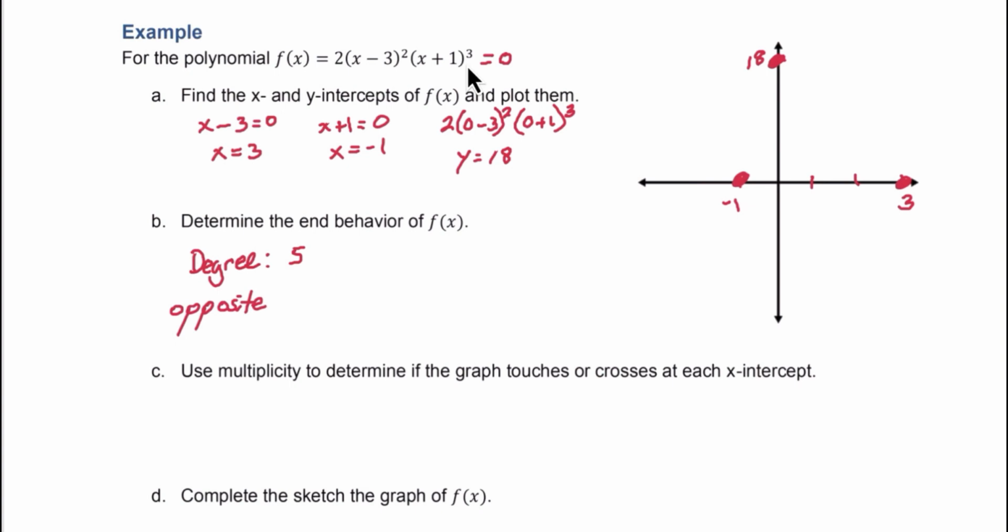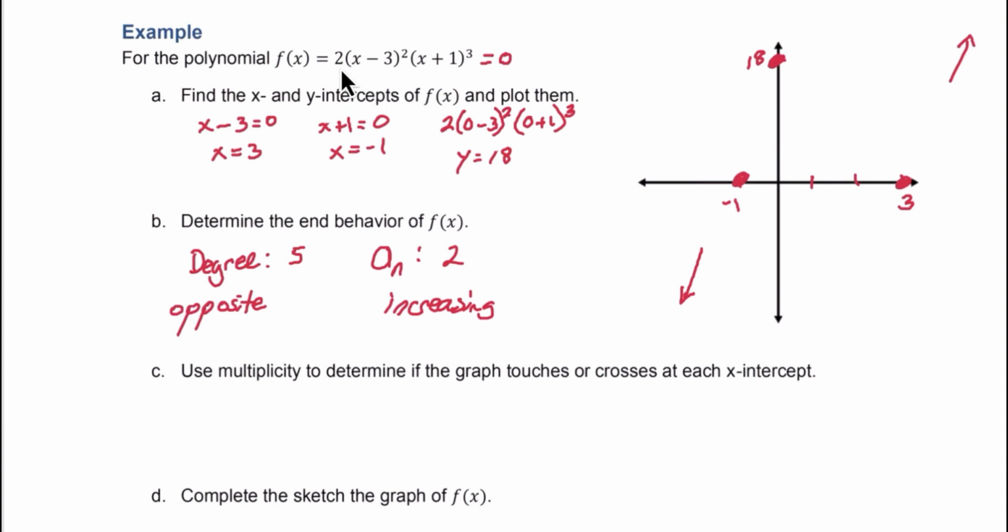To determine which is which, we then look at the leading coefficient, a sub n. And a sub n is a positive 2. Since it's positive, we can think of the graph as overall increasing. So it's going to be pointing down on the left, and on the right, it will be pointing up.